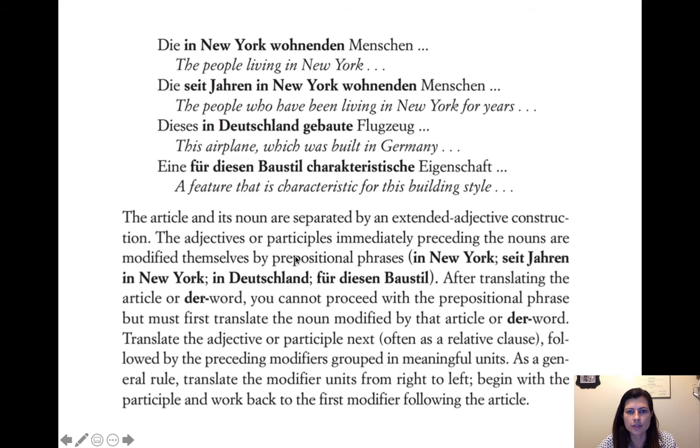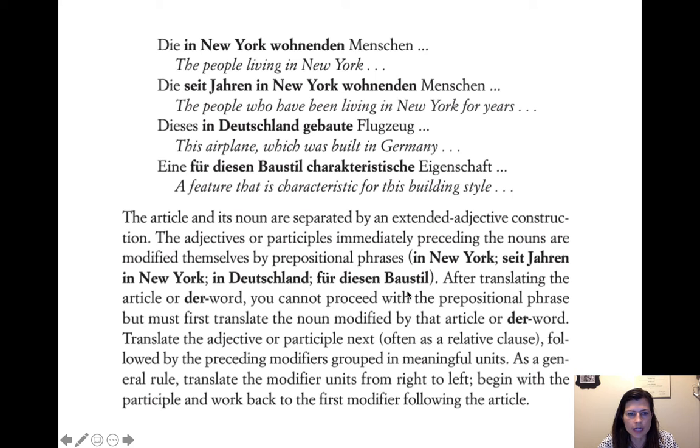The adjectives or participles immediately preceding the nouns are modified themselves by prepositional phrases. So there's always at least one real adjective involved, right? Participles are real adjectives. So we have the adjectives here: wohnen, wohnen, gebaut, charakteristisch. Those are proper adjectives. But when you add prepositional phrases or other things, they will come before the adjective.